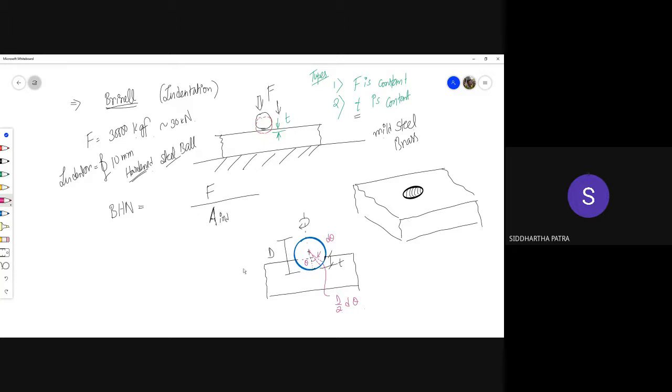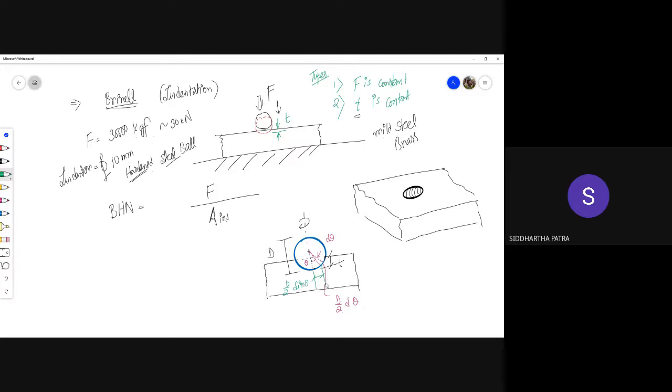By the way, this distance from the axis is D by 2 sine theta.